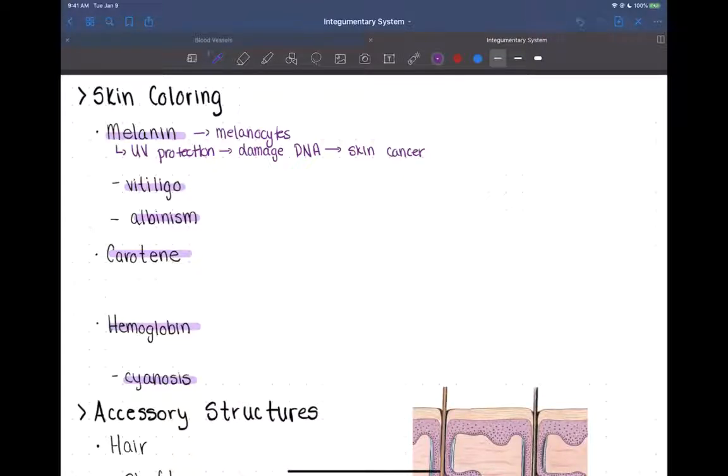Like we said, freckles are a concentrated area of melanin. You can also see a couple of other conditions associated with melanin. One is vitiligo. With vitiligo, you have patches of skin that lack pigmentation.